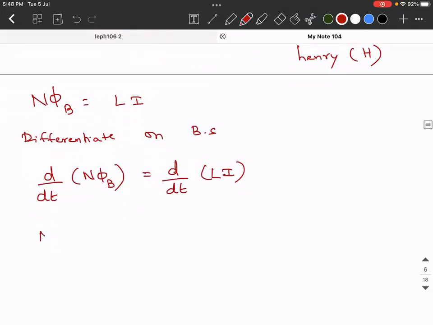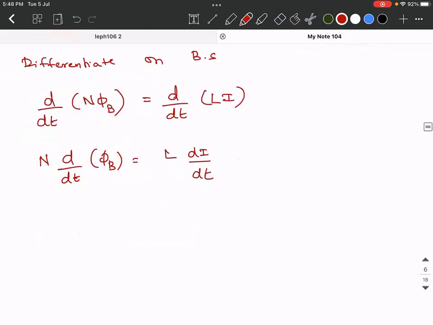So what can come out of the derivative? N into d by dt of phi B will be equal to L into di divided by dt. Is it clear?